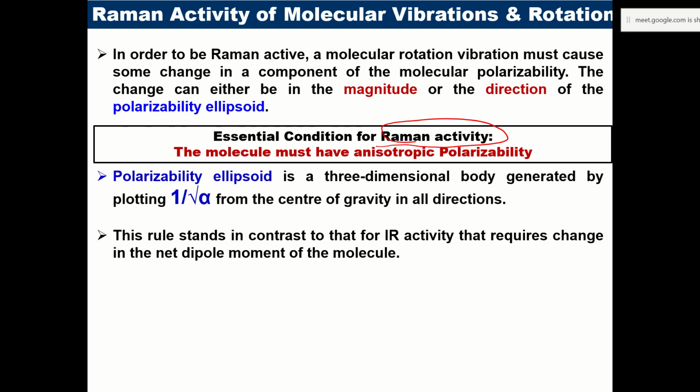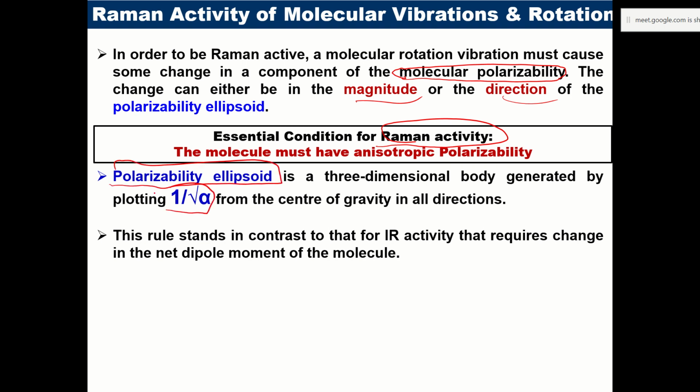So at least what we expect is that for something to be Raman active, there must be change in the polarizability in any of the components. We told you three components of polarizability: polarizability is a tensor, it has magnitude, direction and also three-dimensional shape. So either the shape changes, or the magnitude, meaning the size of the three-dimensional shape changes, or the orientation changes. If any one of these three changes, it will be Raman active. Okay, so that is the first thing that we learned.